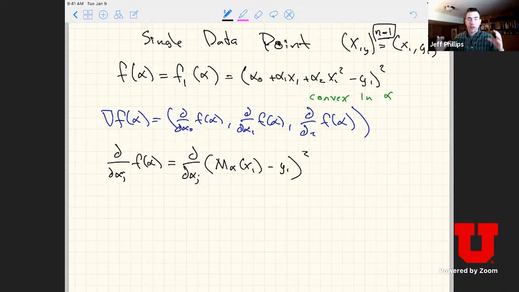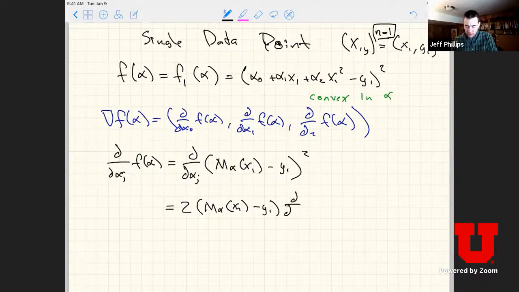Instead I'll use the product rule, and this is going to be equal to 2 times m alpha x1 minus y1 times d alpha j of m alpha x1 minus y1. Okay, so I've gotten rid of the squared part now.